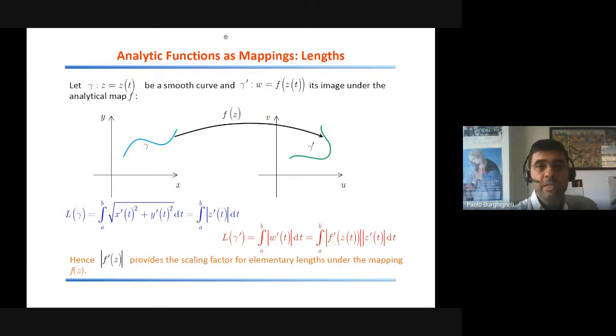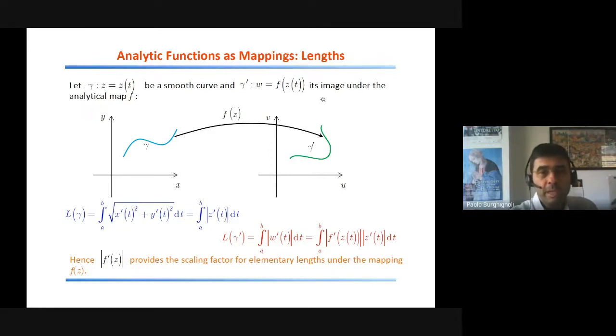Now, the image of gamma, so gamma prime, is by definition the composition of the holomorphic function f and the parametric representation z of t. So you end up with a parametric representation in which the second complex plane, let's call this complex plane the plane of the w variable, contains another smooth curve w in which t is again the parameter of the curve.